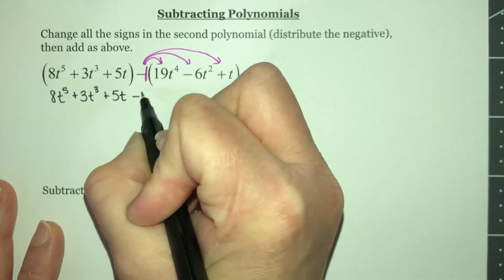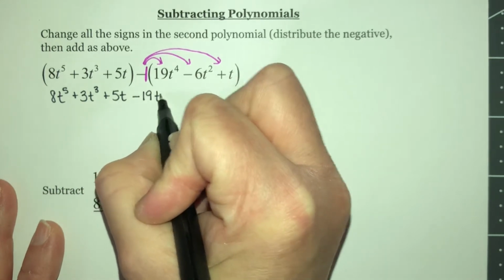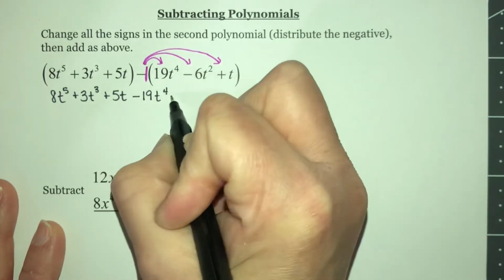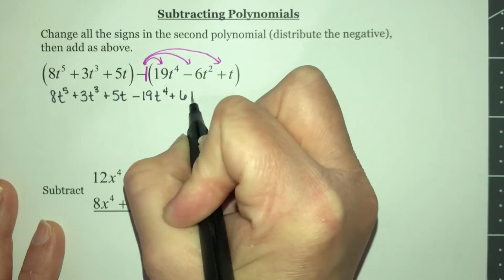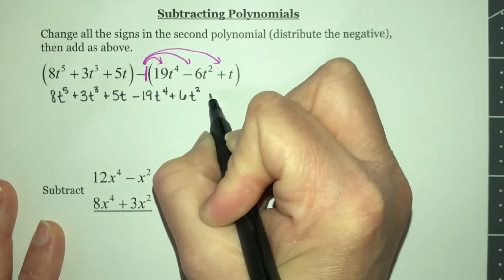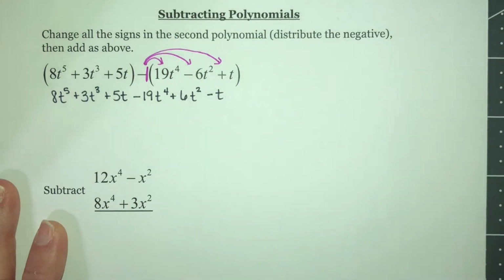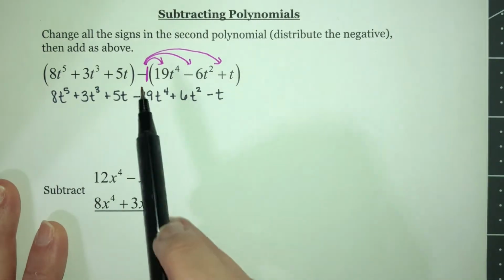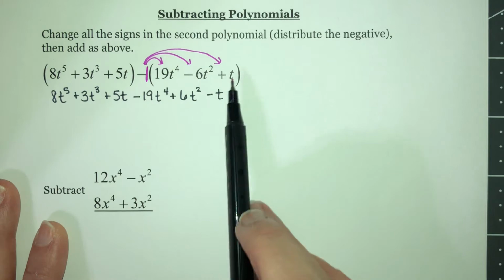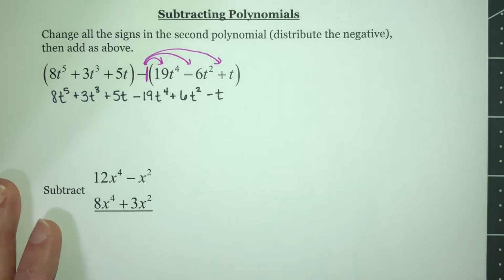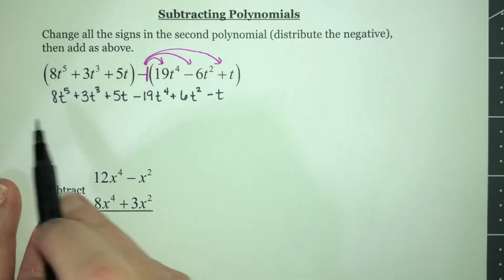So I have minus 19t to the 4th plus 6t squared minus t. We just talked about distributing the negative, but look at what we did. We changed every single sign in the second polynomial. Okay? Now we have this.